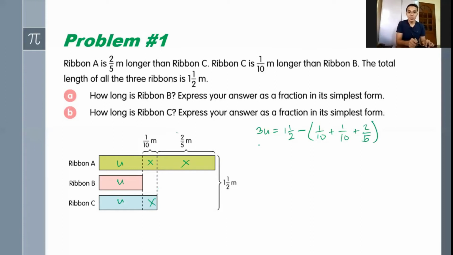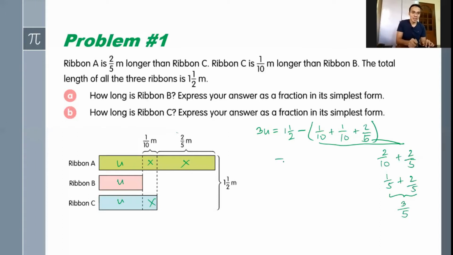So what we're going to do next is to simplify this expression. So we have to add 1/10, 1/10, and 2/5 first. 1/10 plus 1/10 is 2/10. You have plus 2/5. 2/10 simplifies to 1/5 plus 2/5, and 1/5 plus 2/5 is 3/5.